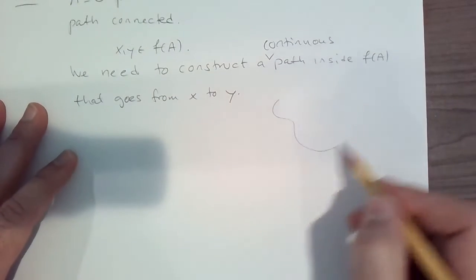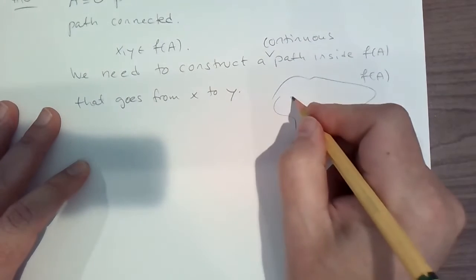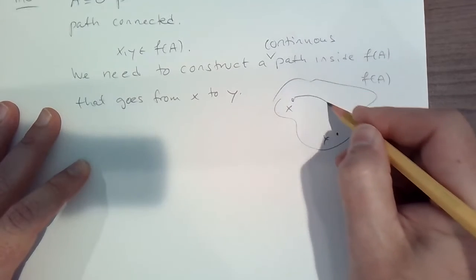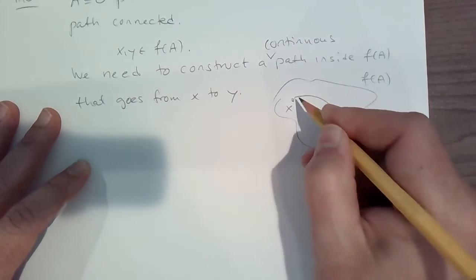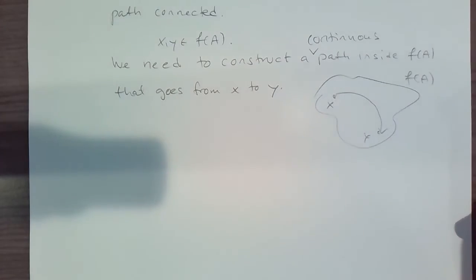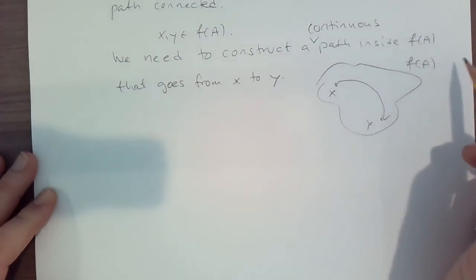If we imagine that this is our f of A, where we take two points here, and then there's one over here, we have to create a path that will take us from X to Y. And the entire path has to stay inside the set, this set f of A.